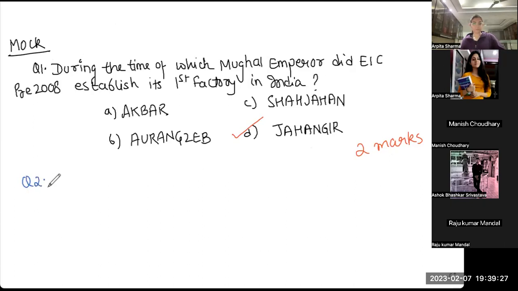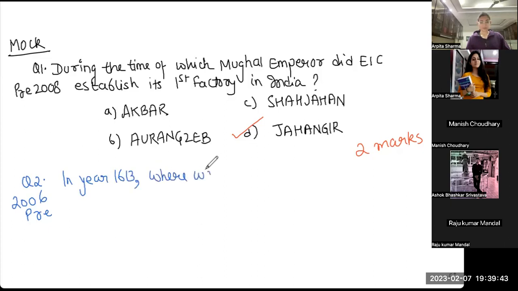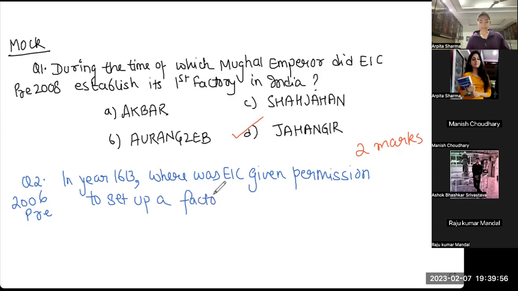Question number 2. Be ready with your answers. I want the options, correct options. This is related to 2006 का prelims का question. In the year 1613, where was East India Company given permission to set up a factory or trading post?